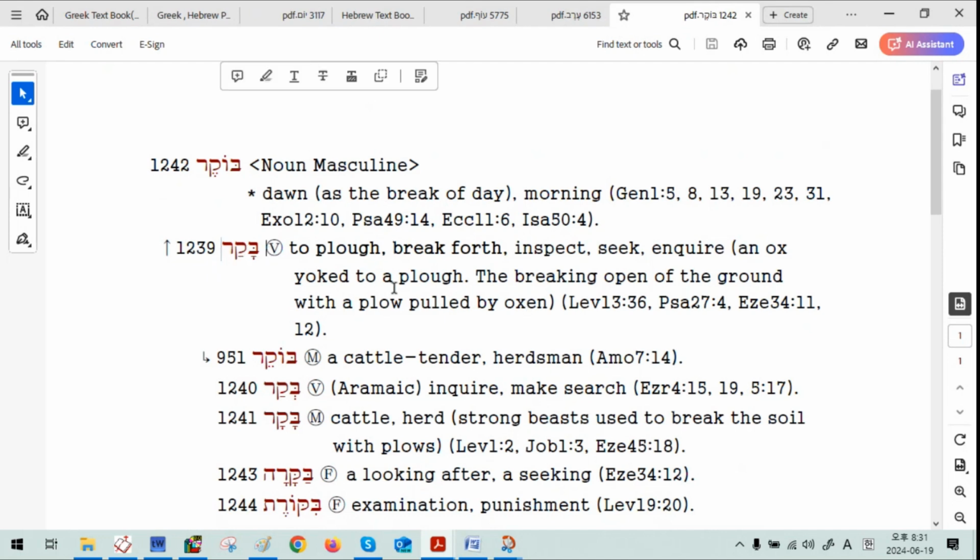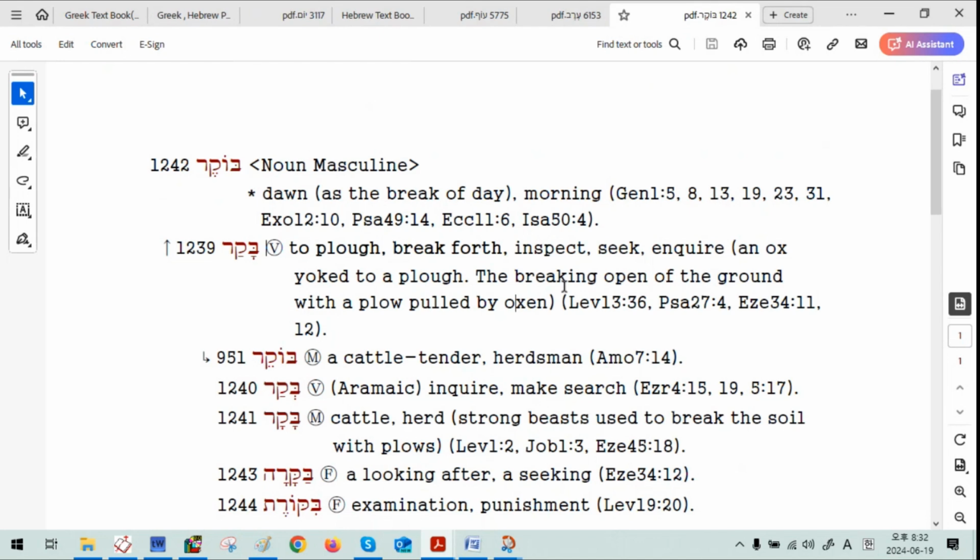That's the bakar. With the knowledge that you receive, evening process, exchanging the knowledge that you learn from the teacher, now you are inspecting, you are seeking and inquiring, you start breaking the ground. That is in you. You need to plow your heart.